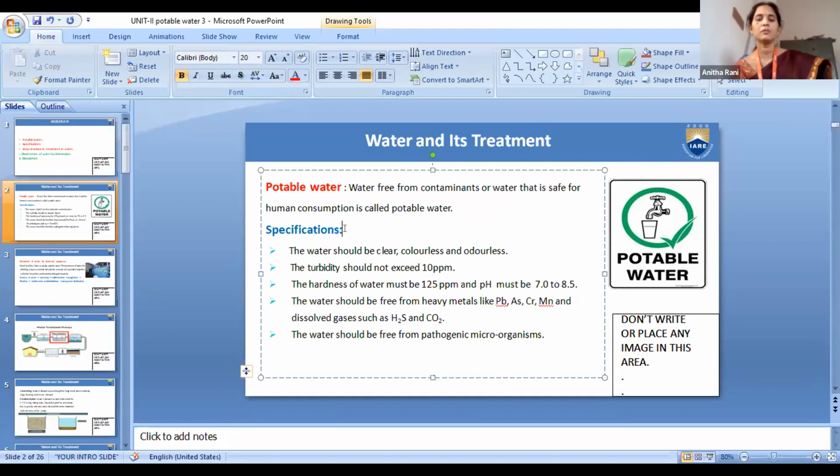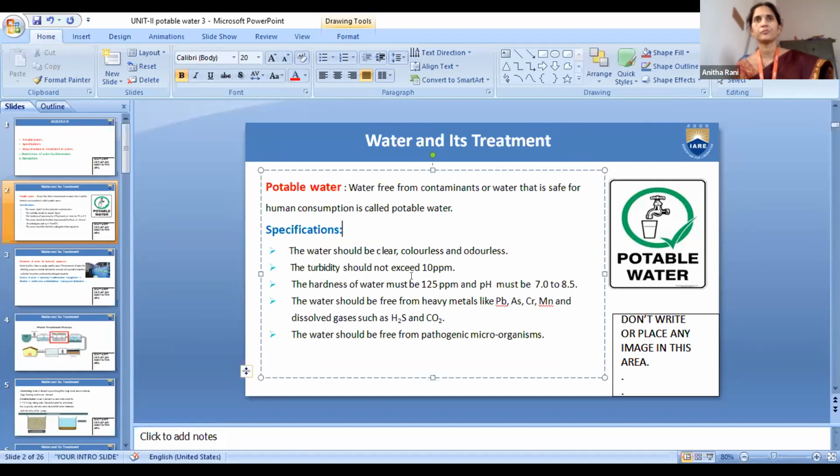Now we will take the specifications of potable water. The water should be clear, colorless, and odorless. Then only we can drink, yes or no? And turbidity should not exceed 10 ppm.